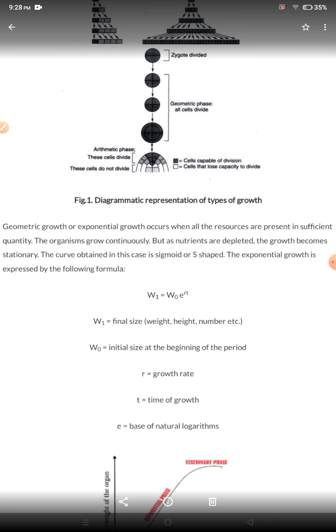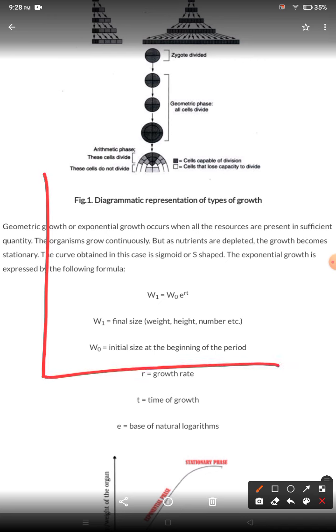So if I draw the graph of geometric growth, what type of growth do we obtain? We plot the graph between time and weight or size.